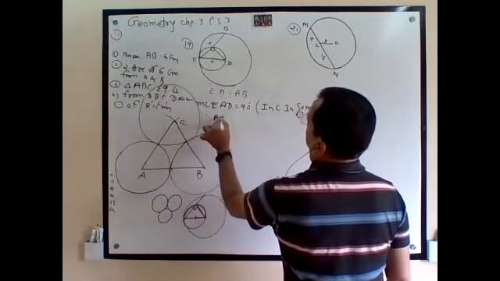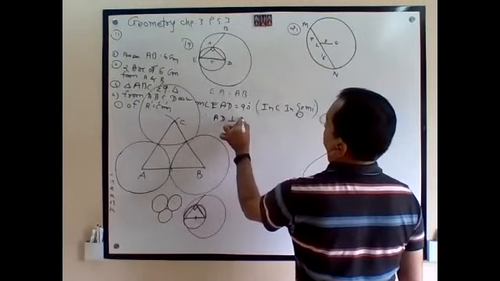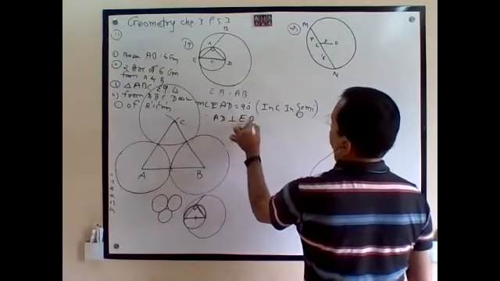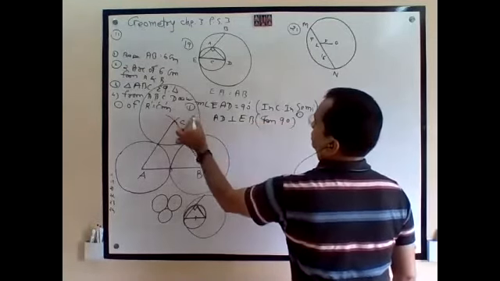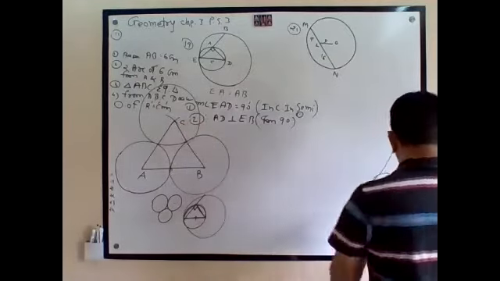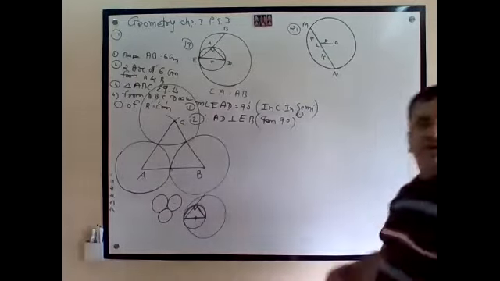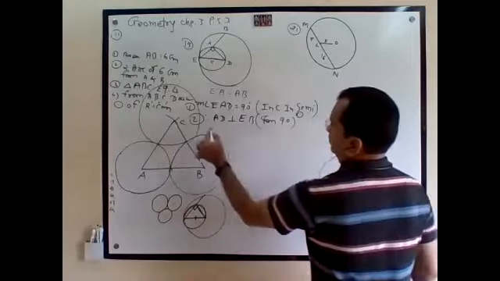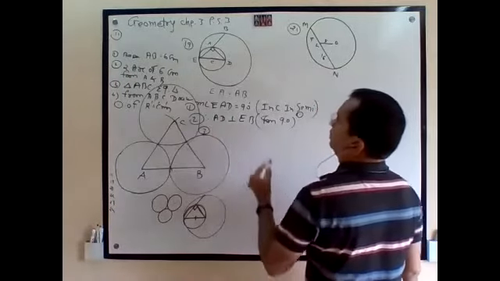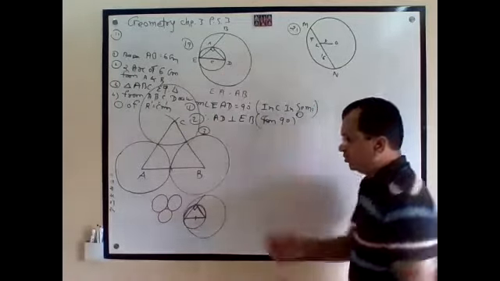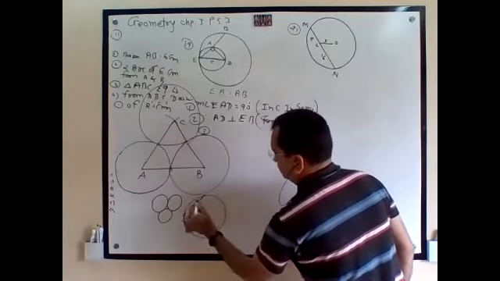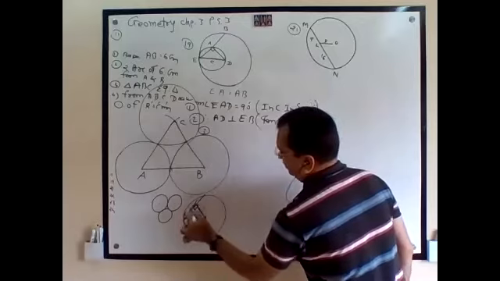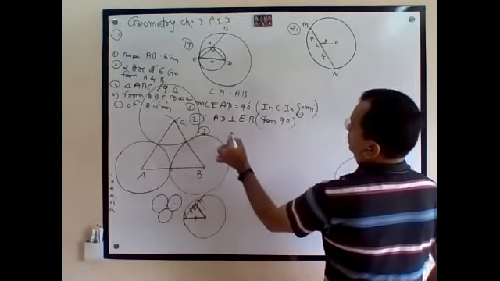Therefore AD is perpendicular on EB, because it is 90 degree. Now forget about this circle. On a chord, if it is perpendicular, it is a bisector.